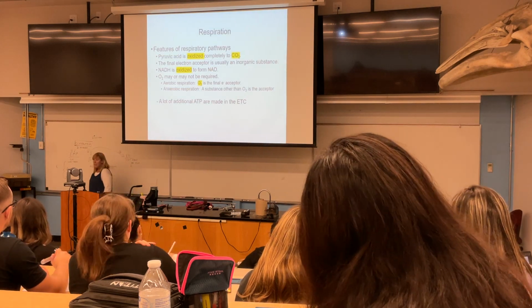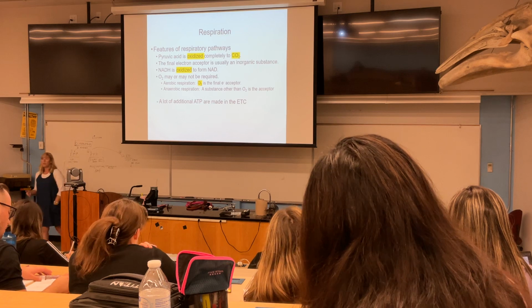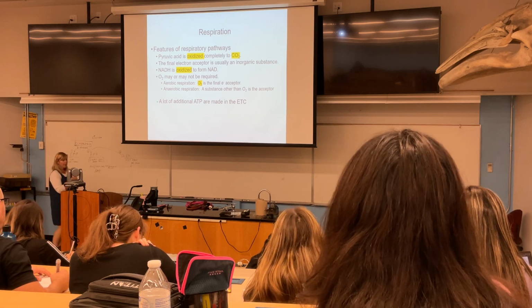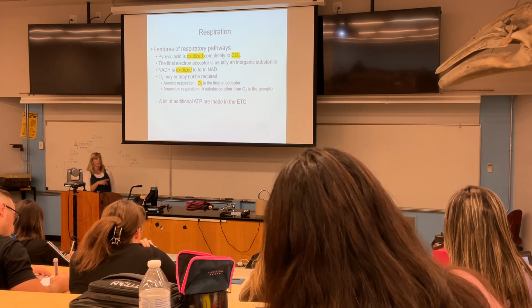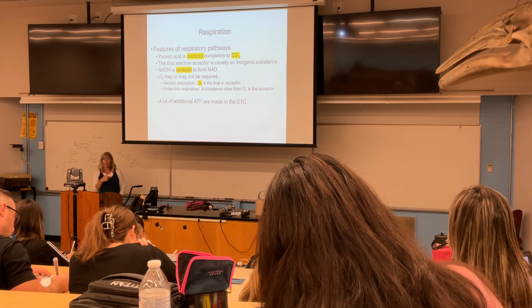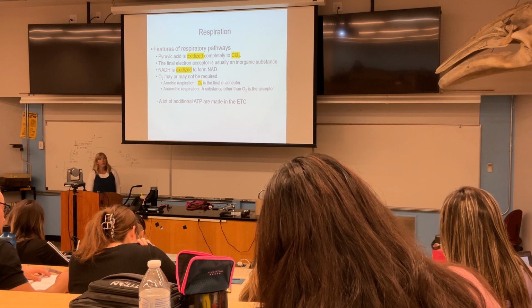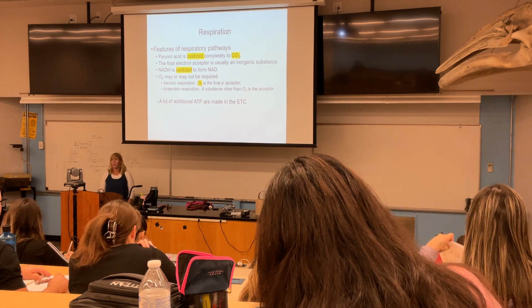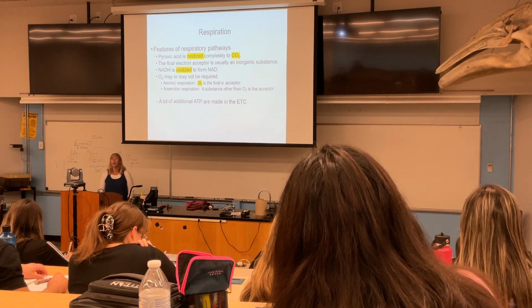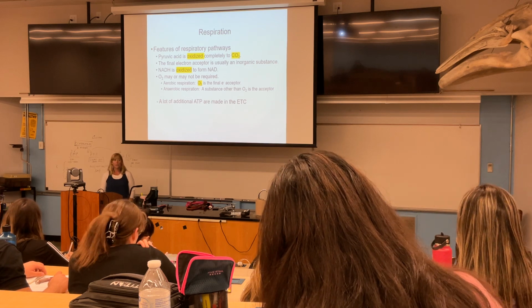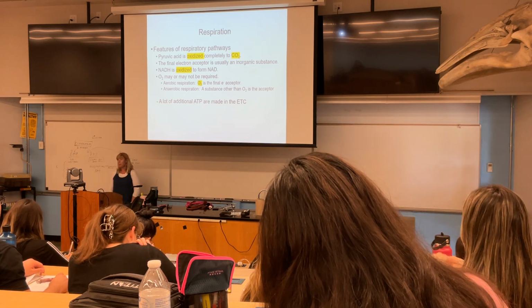So, features that are going to happen in the next steps of respiration. That pyruvic acid that we created going through the EMP or through the ED is going to get oxidized completely. So what does oxidize mean again? Losing electrons, yeah. So it's going to be completely broken apart.